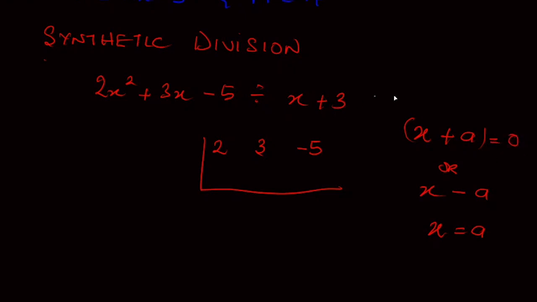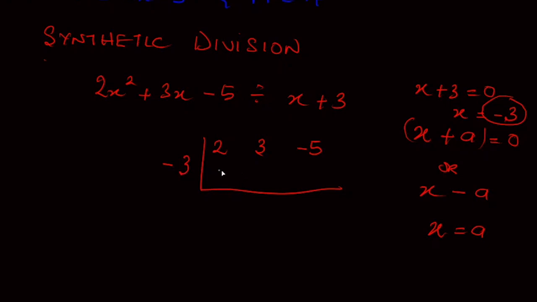We equate our x plus 3 to 0, and we have x is equal to minus 3. This minus 3, which is more like our a, is what we put outside. We'll put that minus 3 outside, and we are going to use it here.